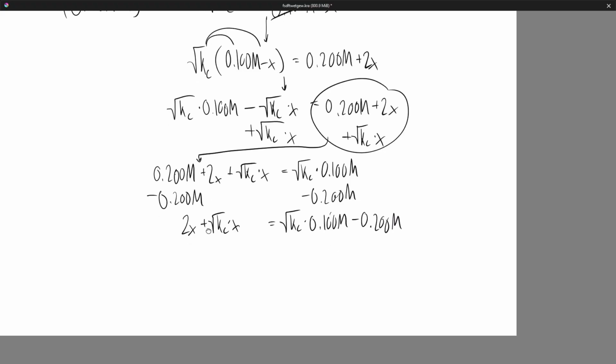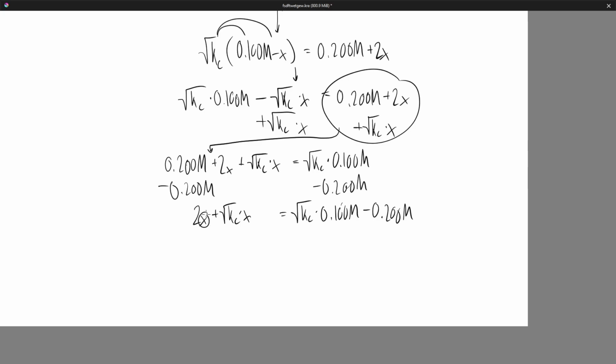Okay, so now we want to factor out an x from both terms. So it'll look like this. So x times 2 plus square root of Kc.